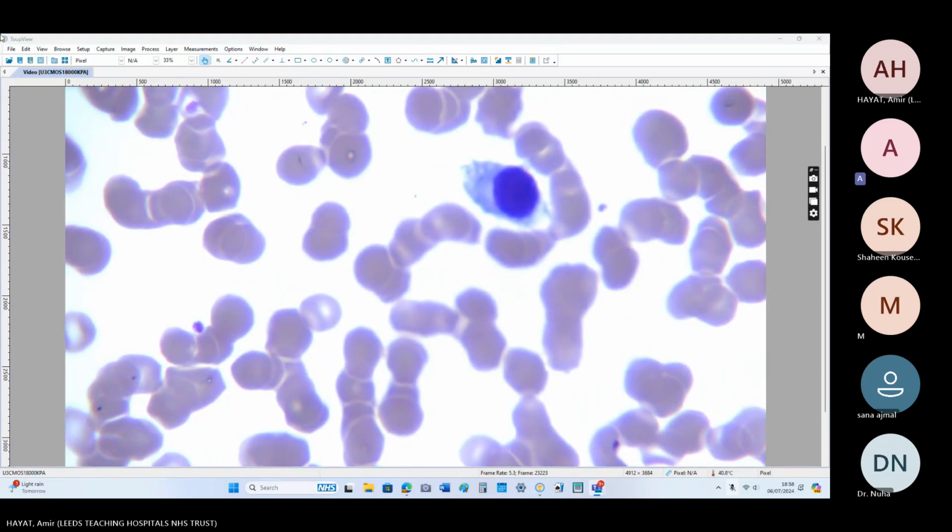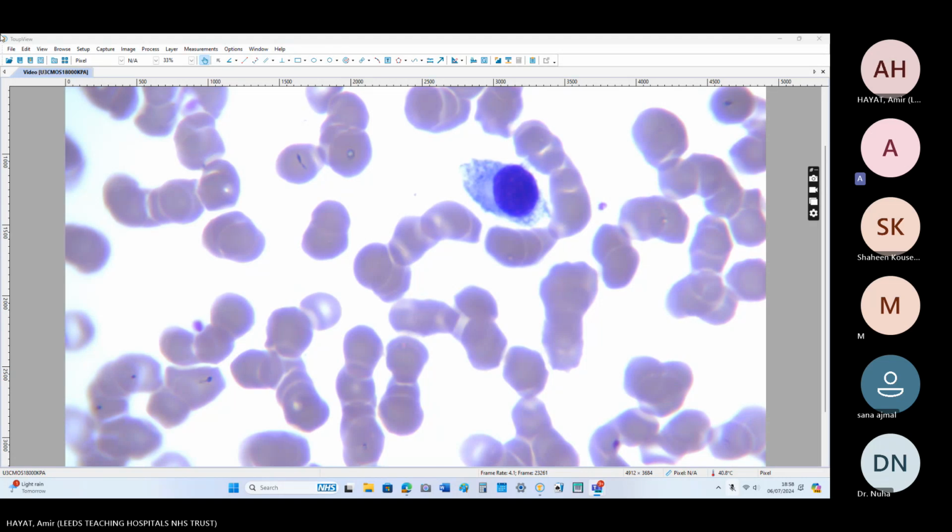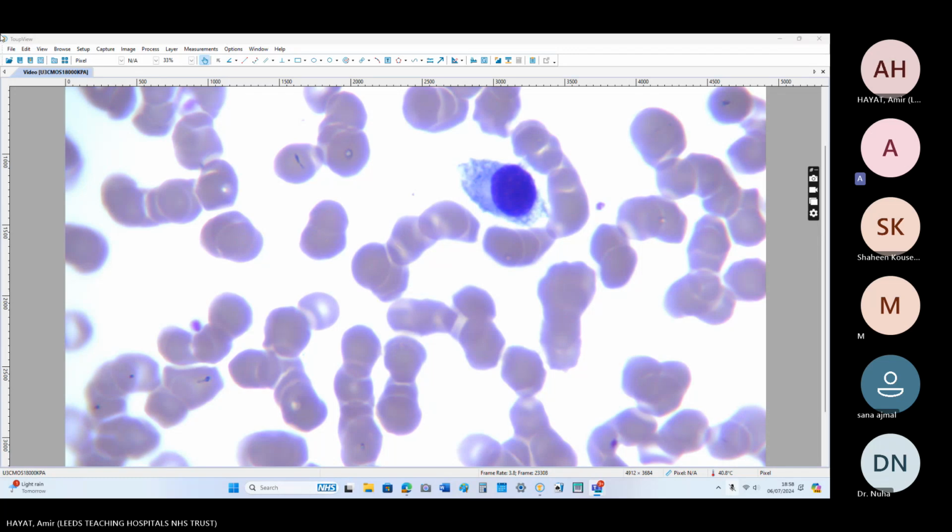So, in the presence of splenomegaly and low cell count, and cells with circumferential hairy projections, there is suspicion of hairy cell leukemia, and I will confirm my diagnosis by flow cytometry and BRAF mutation.